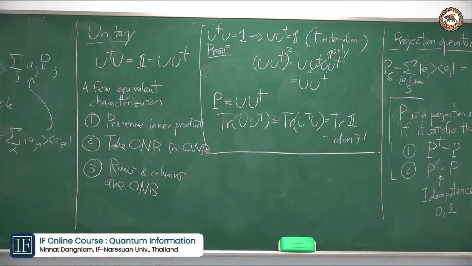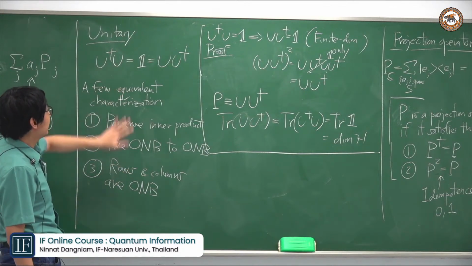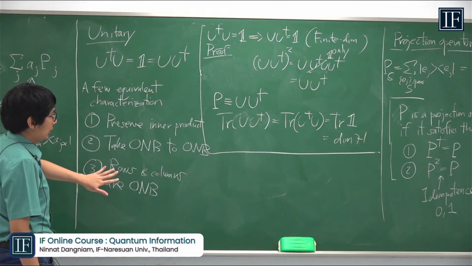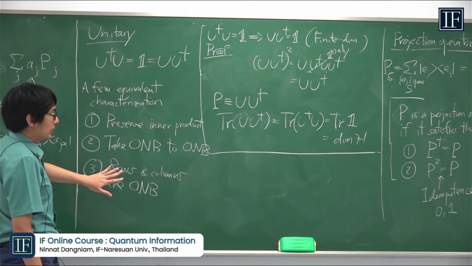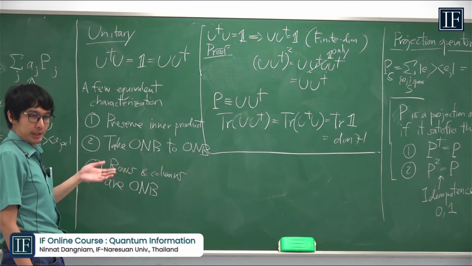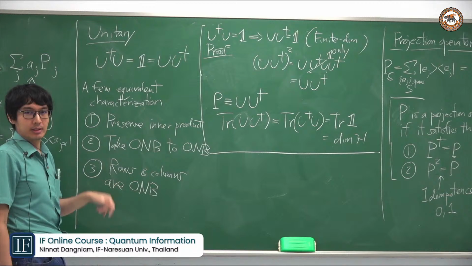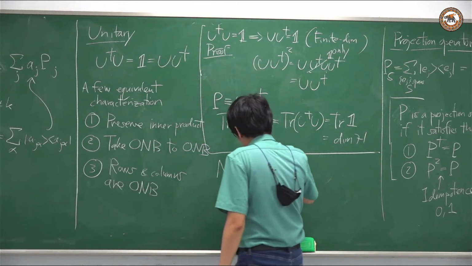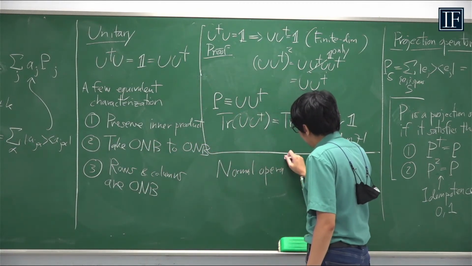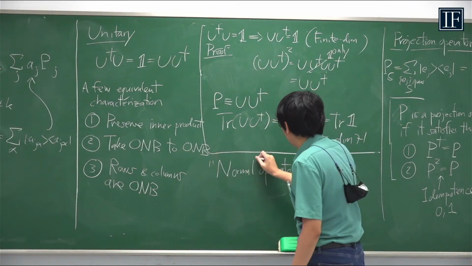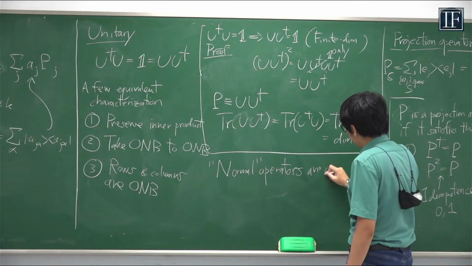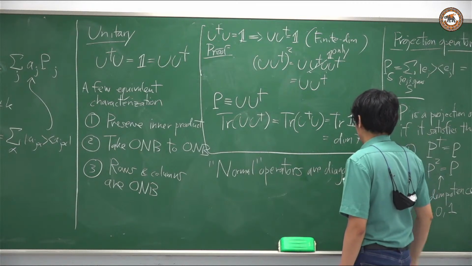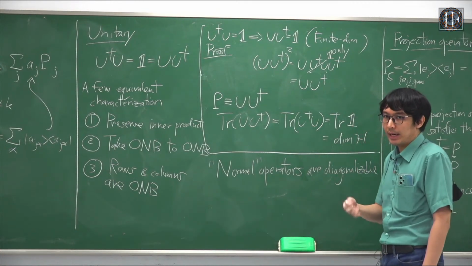Right. I haven't talked about the diagonalization of this yet, but next time we'll talk about the spectral theorem for normal operators, which says that a normal operator has a complete orthonormal set of eigenvectors as well.